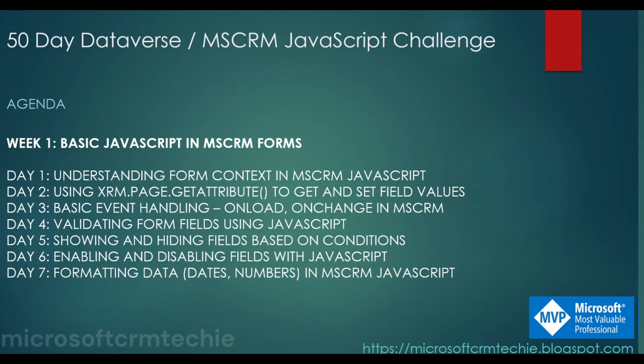Day 4, form fields using JavaScript, and day 5 we are going to see about showing and hiding fields based on a condition, and day 6, enabling and disabling a field with JavaScript, and day 7 with formatting dates in Microsoft Dynamics CRM or with the Dataverse environment.